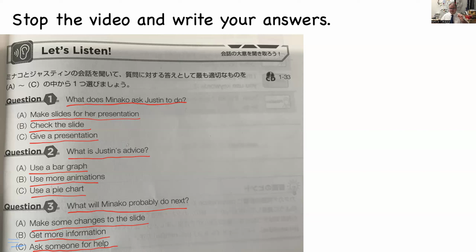Minako speaks to Justin at the clubroom. Excuse me, but can I talk to you for a minute? Sure, what's up? I'm preparing for my presentation, but I'm not sure which type of graph I should use. Could you take a look at this slide? No problem. Well, let's see. You're trying to compare parts of a whole, right?